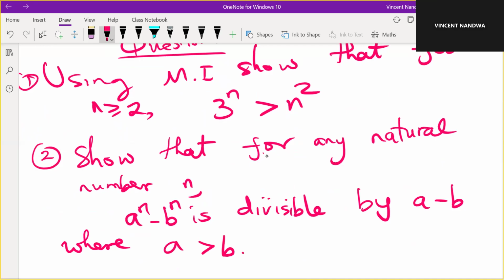Can I give you a hint on the second one? Yeah, I can give you a hint for the second part, that the factorization of a power n minus b power n is a minus b into a power n minus 1. Let me just write it here.